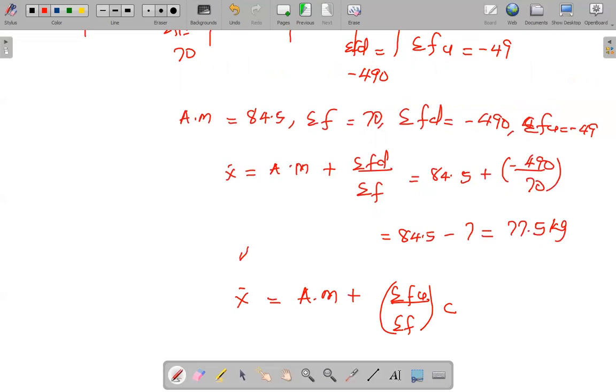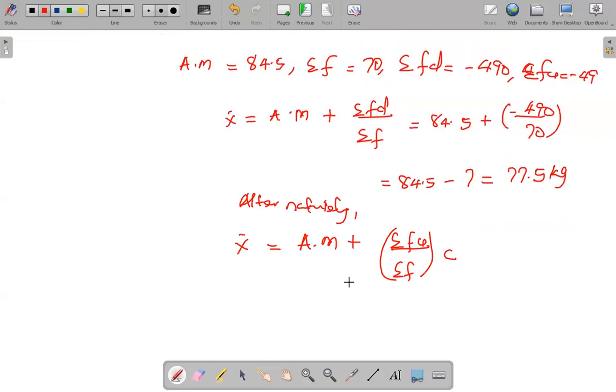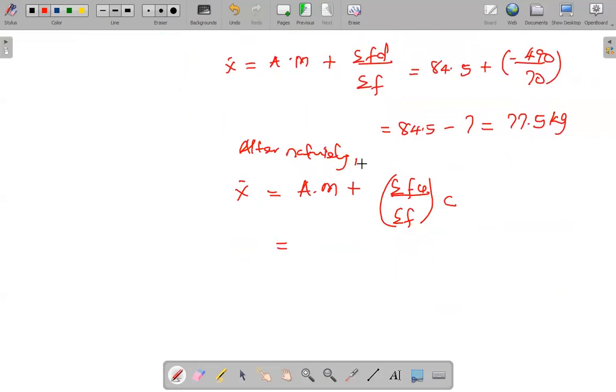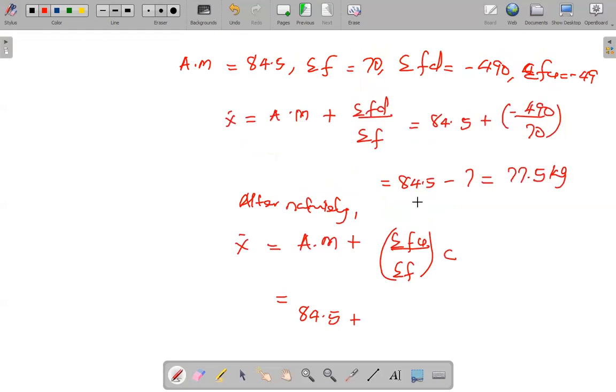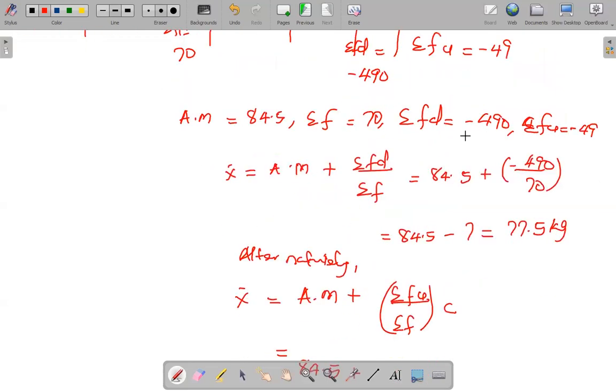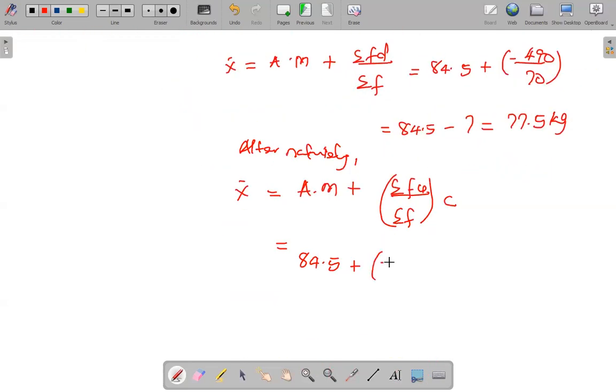So this is an alternative method. Alternatively, now what is our assumed mean? 84.5 plus summation FU, negative 49, over 70 times the class width, which is 10.